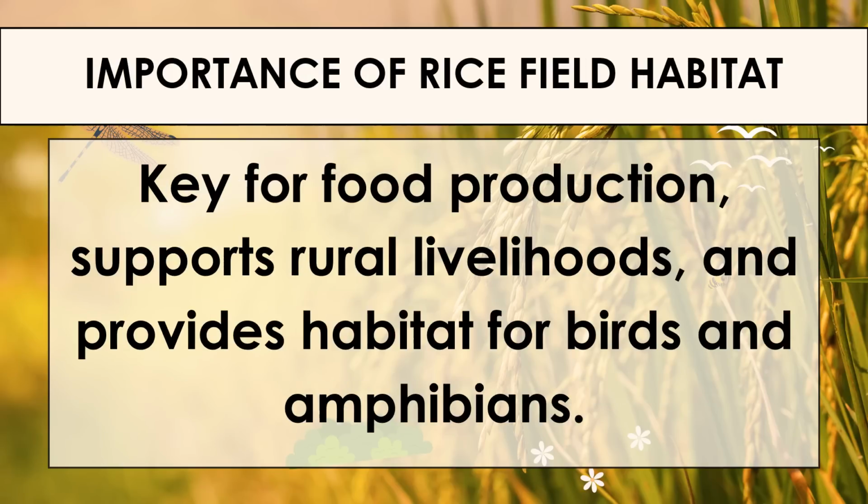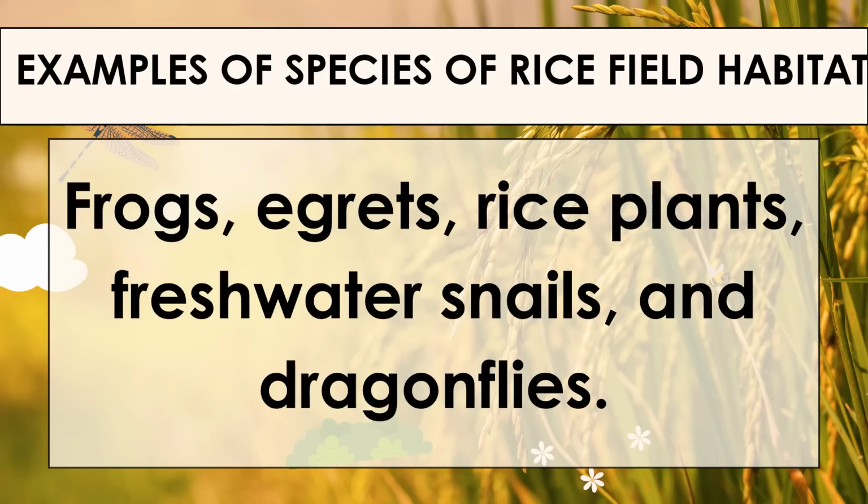Importance of rice field habitat: key for food production, supports rural livelihoods, and provides habitats for birds and amphibians. Examples of species of rice field habitat: frogs, egrets, rice plants, freshwater snails, and dragonflies.